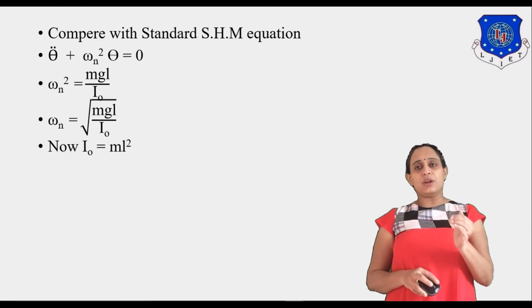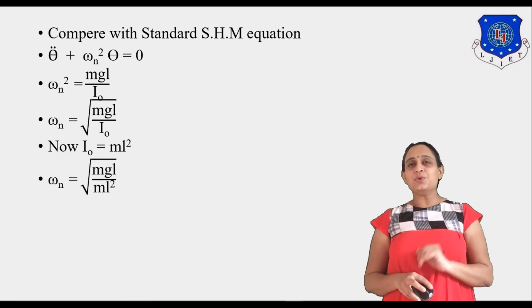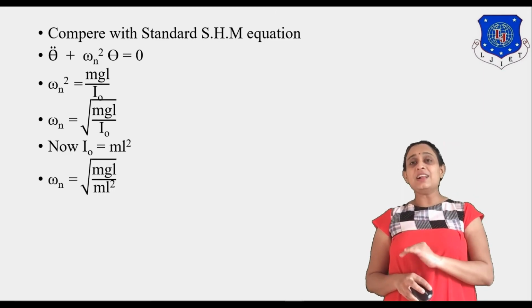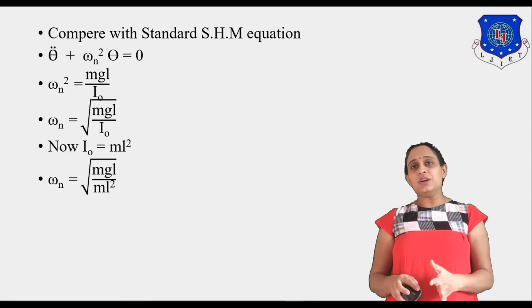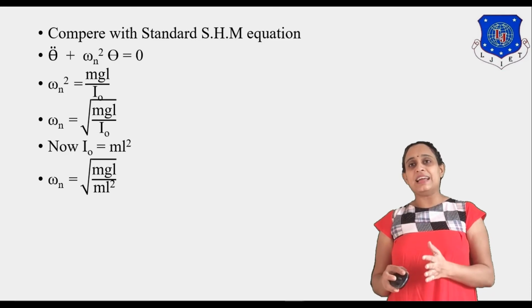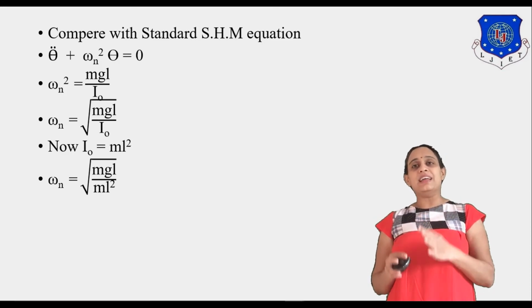So omega n is equal to under root of mgL upon mL square. Hence for the simple pendulum our equation is under root of g by L.